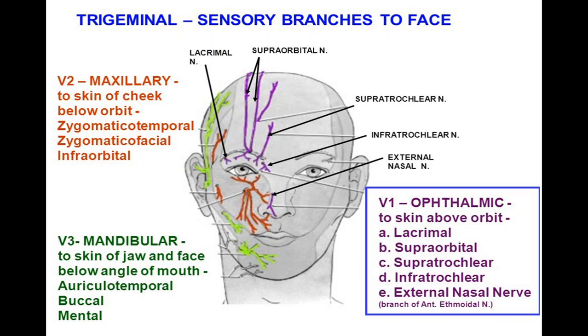These are all the areas from where the sensory impulses are carried by the three divisions of the trigeminal nerve: maxillary, mandibular, and ophthalmic. So this is the one component I was talking about, the general somatic afferent.